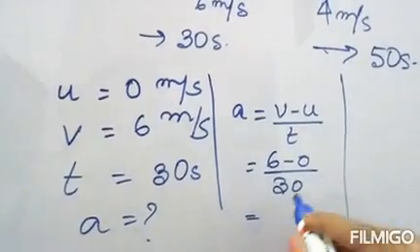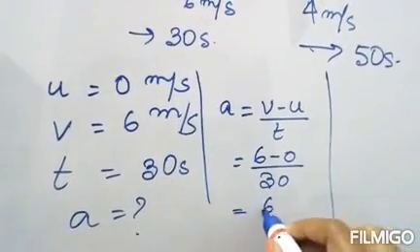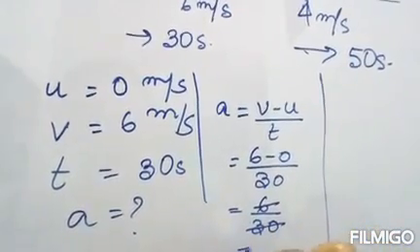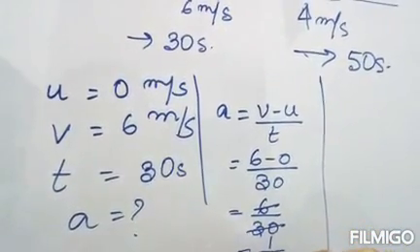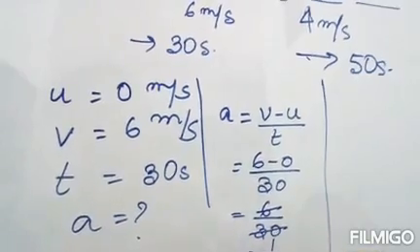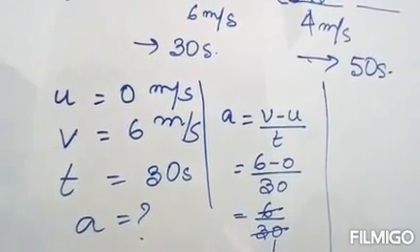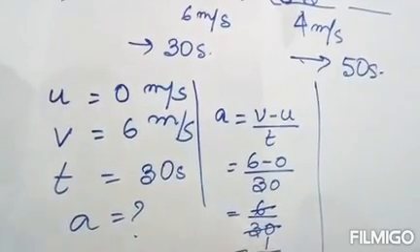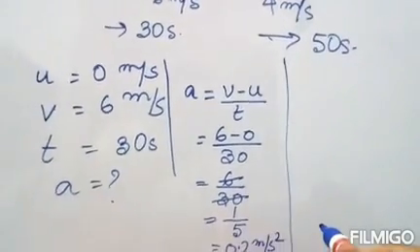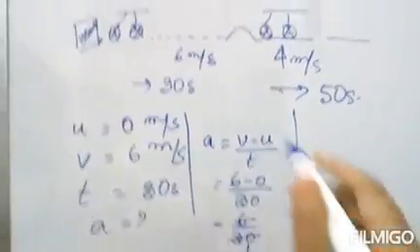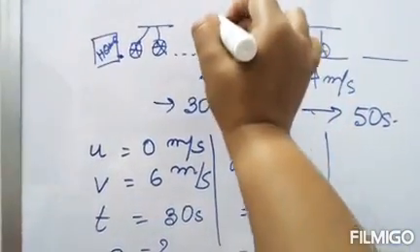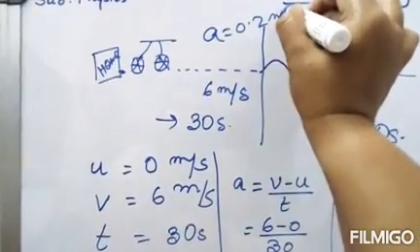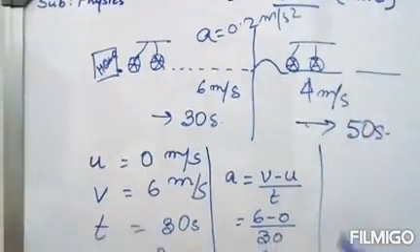So it will be 6 by 30, which means 1 by 5, or we can say it is 0.2 meter per second square. So this is your acceleration. Till here your acceleration is 0.2 meter per second square.